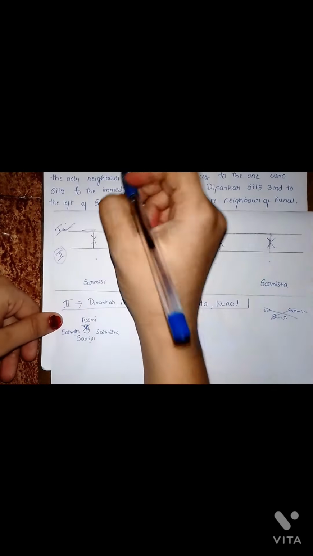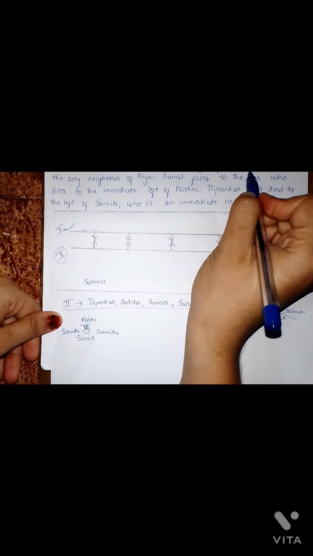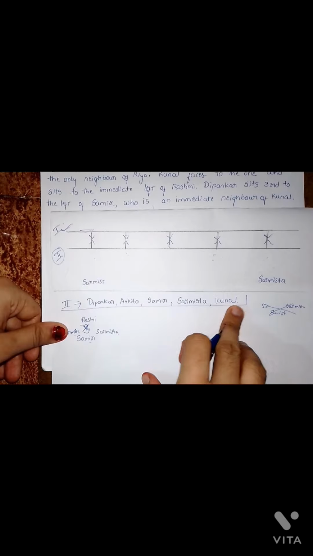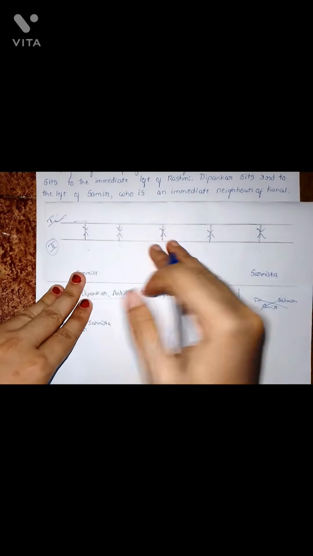Okay, so this statement: Sumita sits second to the right of Kumar. Kumar is not in the second row. And one of the important things here is you have to know this. The right of the second row persons is the same as our right.